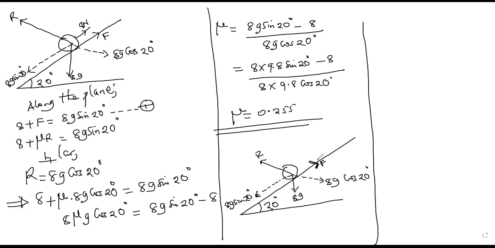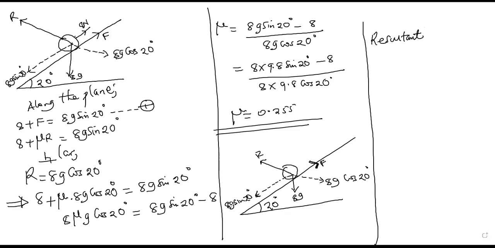It is okay. Now, you realize that the only force responsible for motion is 8g sine 20. For this case, we have what we call the resultant force. We shall look for the resultant force because now the only force responsible for motion is 8g sine 20.